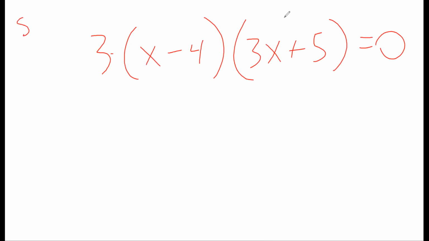And you're given the very broad task, solve that. Well, okay, most of you are just chomping at the bit because you know, oh, I set each of those factors equal to 0, and I solve each of the factors themselves. That's right. But the reason we do it is because of the zero factor property.